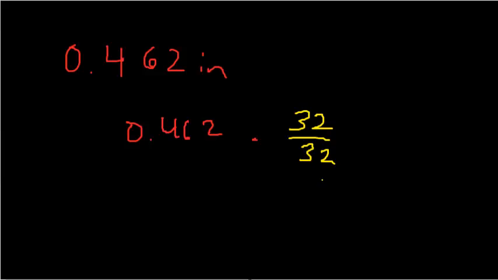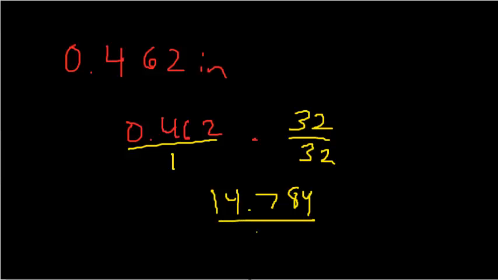Again, this fraction here is equivalent to 1, so we're not changing the value of anything here, but when we multiply, we can put our decimal over 1 here to make our multiplication a little easier. 0.462 times 32 is 14.784, and that will be over 32.